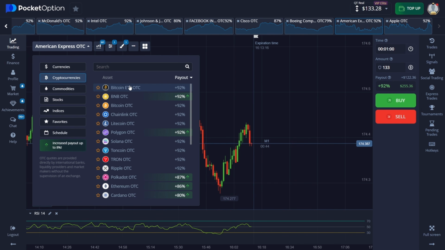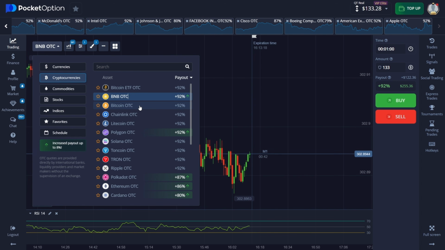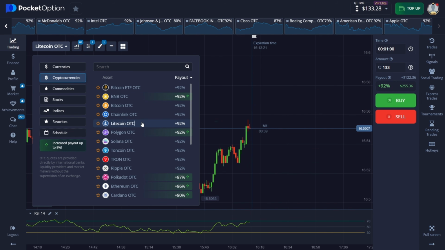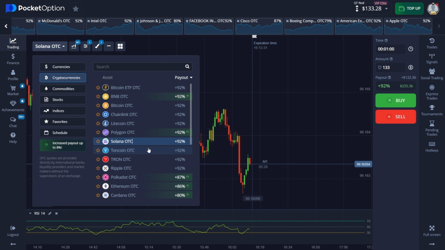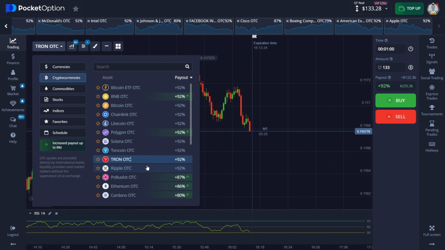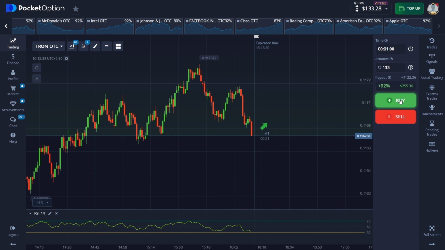Now, let's look for a trade in cryptocurrencies. On Tron, I am waiting for the candle to close.